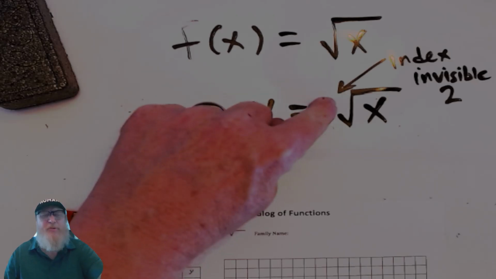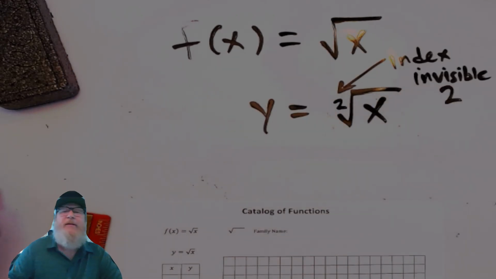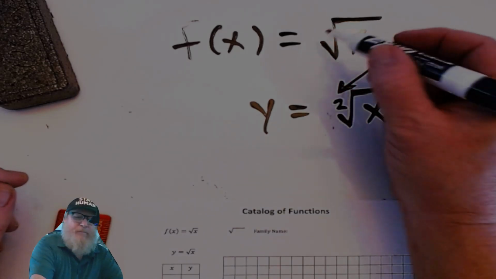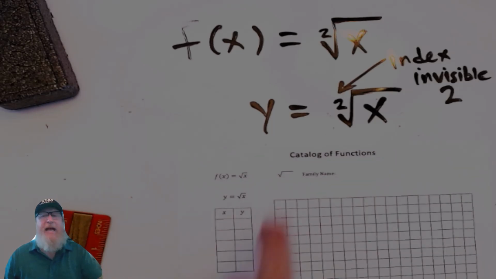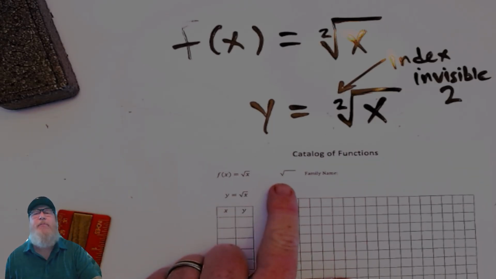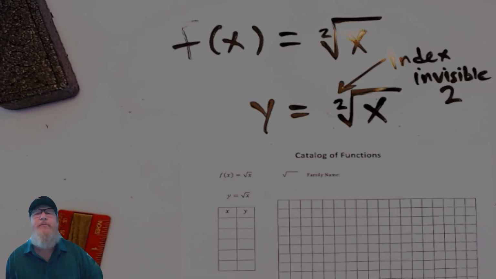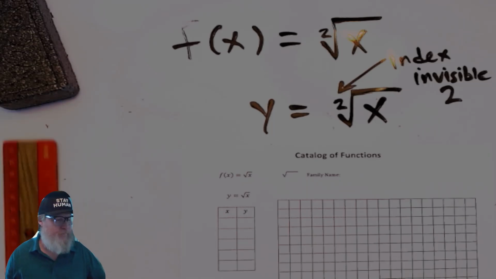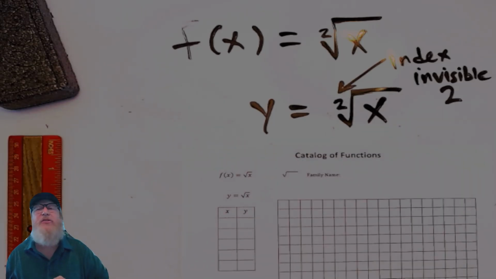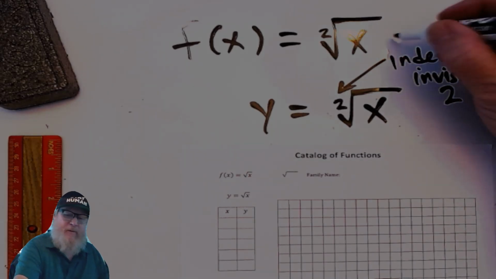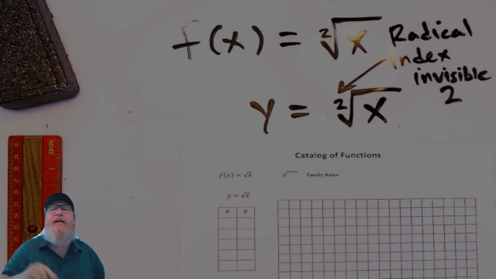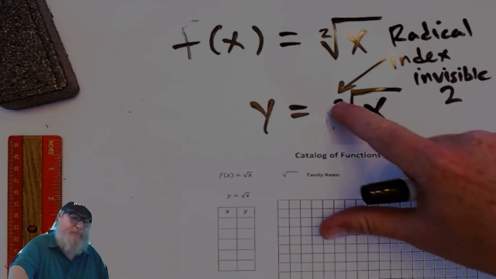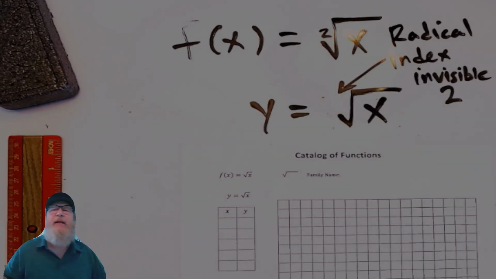Some calculators will show it like this, and some won't. It doesn't hurt to have it though. In the catalog, I omitted it. So it's implied to be a 2 by the symbol square root, also known as a radical. A radical of index 2. To really make it invisible, I like to erase it.